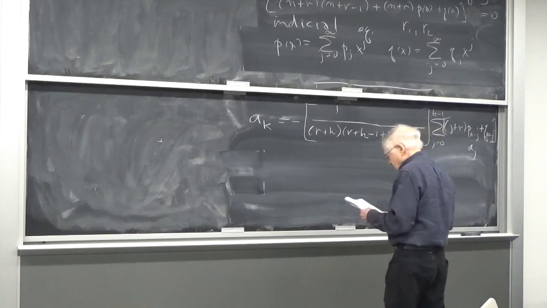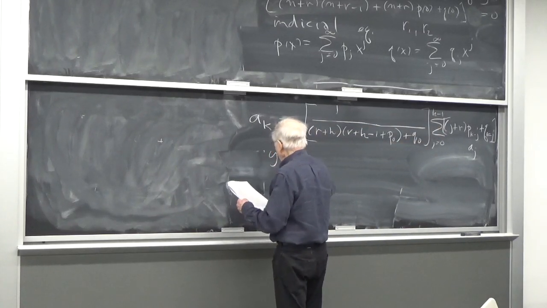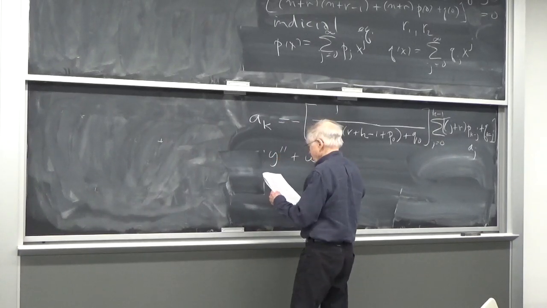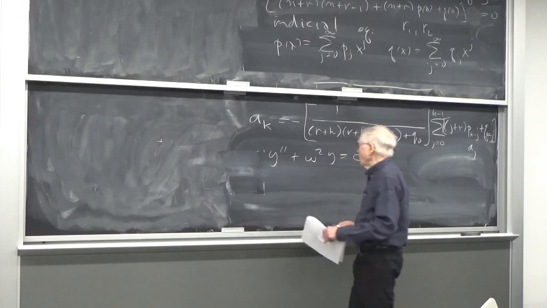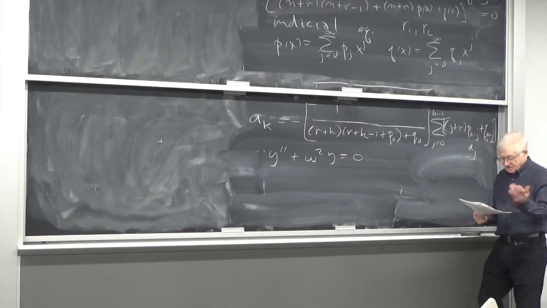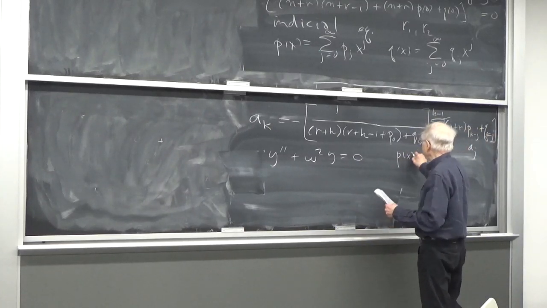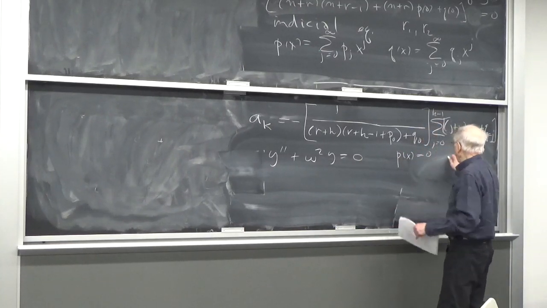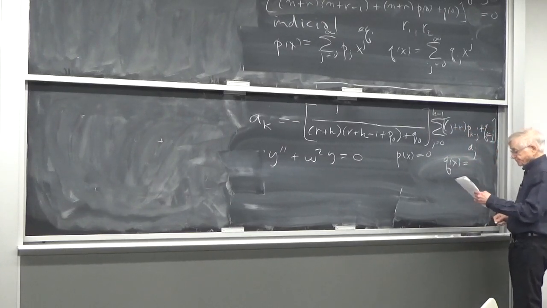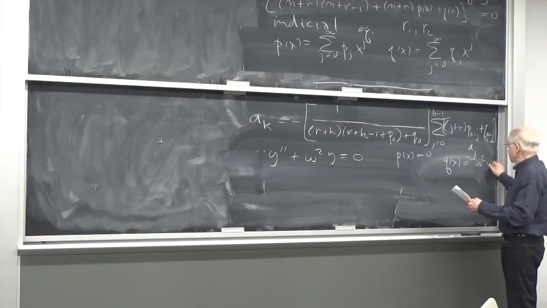Anyway, the case for the equation y double prime plus omega squared y equals 0, well, you know the solutions of this harmonic equation are sines and cosines. So here we have p of x equal to 0, and q of x is equal to omega squared x squared.